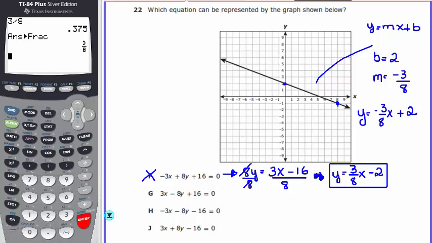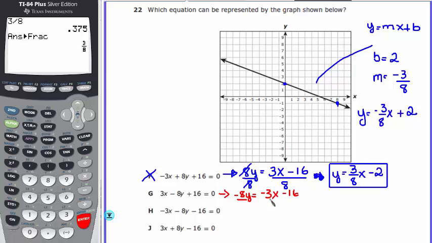We're going to do the same thing for the next multiple choice. We move the 3x and the 16 to the other side. The negative 8y stays where it is. The 3x becomes negative 3x and the 16 becomes negative 16.